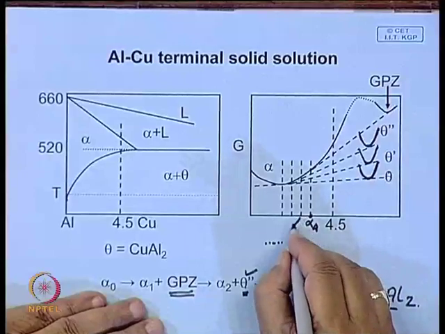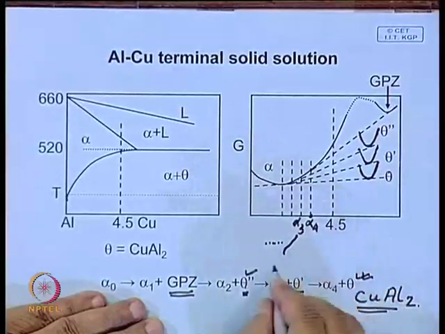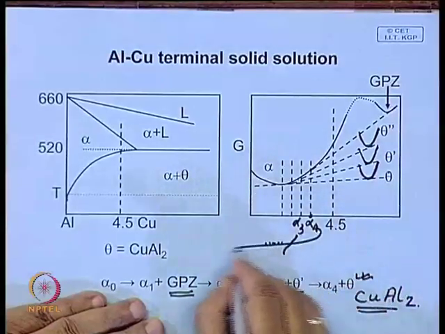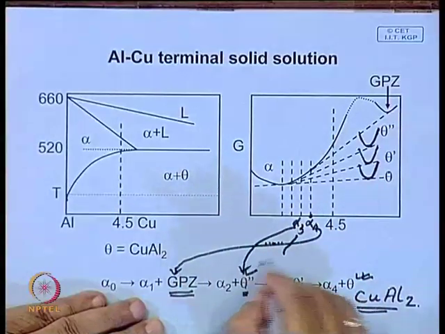Next is alpha 3. Alpha 4 is the GP zone, and this is alpha 3.